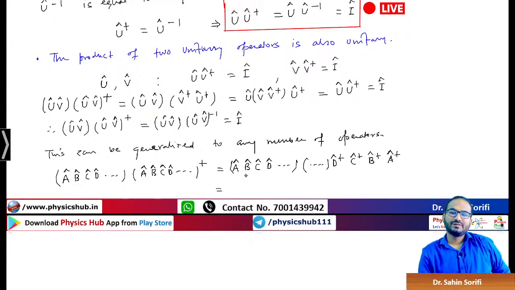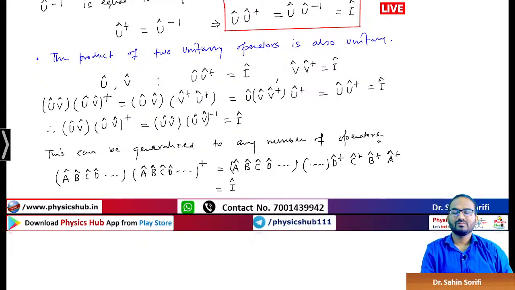So A A dagger will be 1, B B dagger will be 1, C C dagger will be 1, D D dagger will be 1, and in this way, 1 meaning identity, it will give you identity. So you can generalize it to any number of operators, and still you will get the product of them to be a unitary operator.